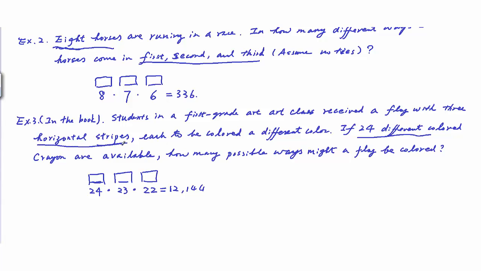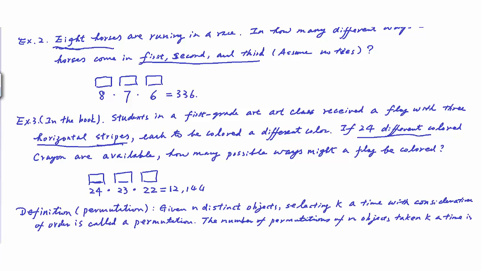All these we can abstract to the following definition, which is called permutation. Definition, permutation: given n distinct objects, selecting k at a time with consideration of order is called a permutation.